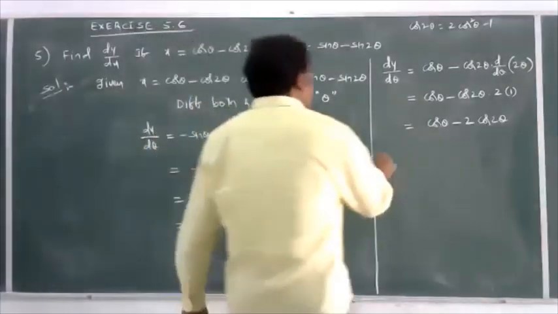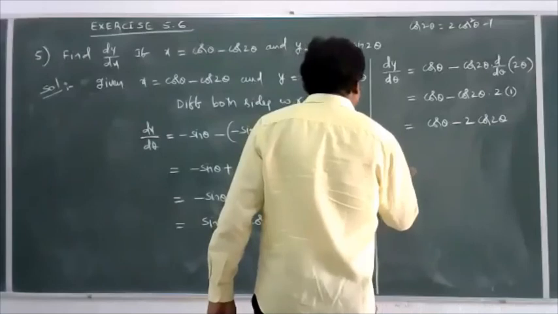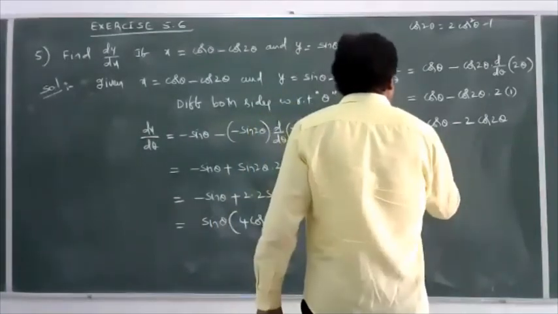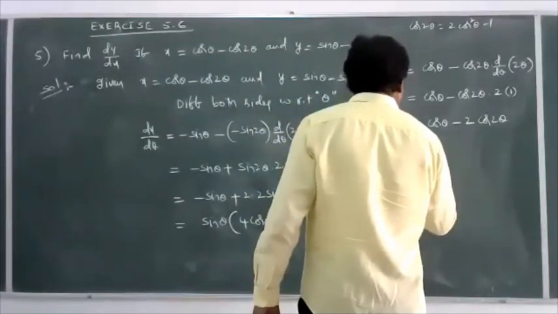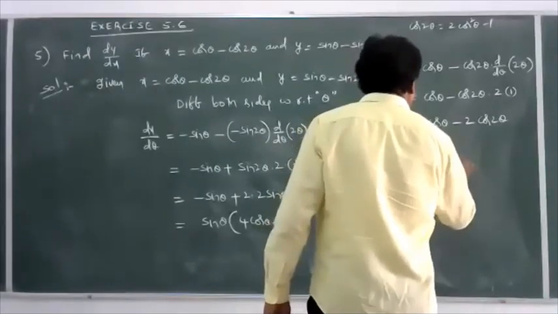Therefore dy by dx is equal to dy by d theta by dx by d theta.